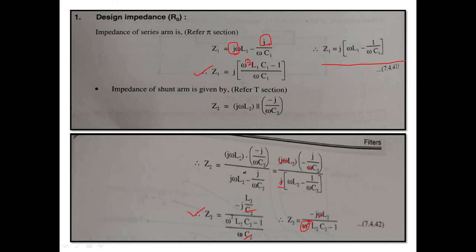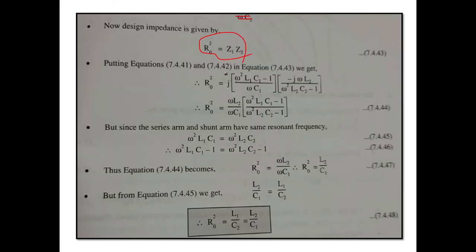Then we substitute Z2 in this equation: R0 square is equal to j (omega square L1 C1 minus 1) upon omega C1, into minus j omega L2 upon omega square L2 C2 minus 1. Then what we do here: minus j and j means minus j square.